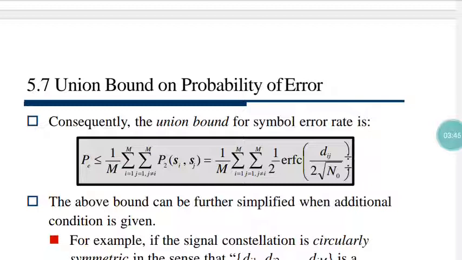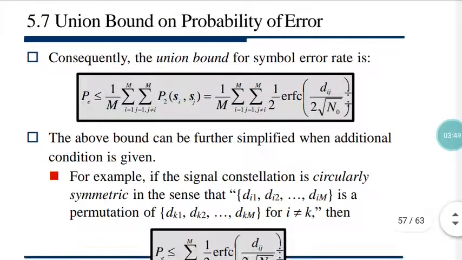The above bound can be further simplified when additional conditions are given.